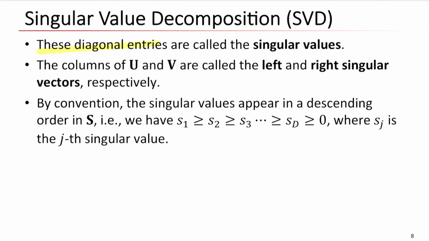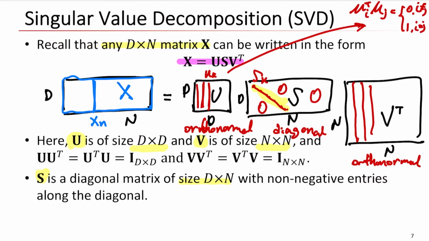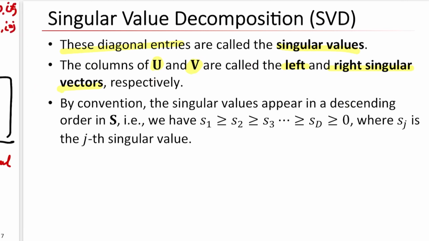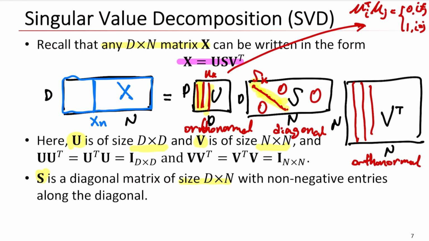These diagonal entries are called the singular values, and the columns of U and V are called the left and right singular vectors.